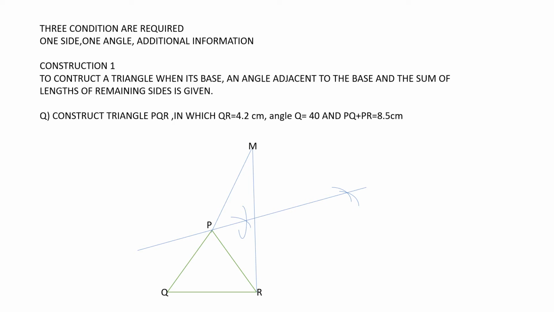After joining M and R, you have to place a compass on the R point and, taking the pencil fixed on your compass, go a little bit extra beyond half of the line MR and make an arc here from R, right? After that, the same thing you have to do from R to here. This also you have to make an arc here.